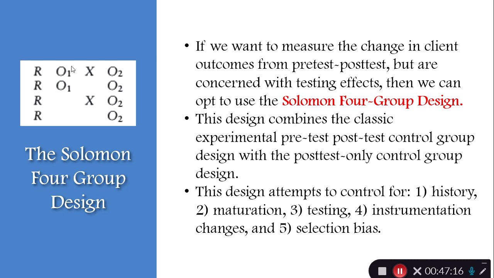By nature, experimental research designs utilize the method of randomization. So that's what this R means here, right? This R in the diagram means randomization. So that's the reason why this particular design and all other experimental designs control for selection bias.